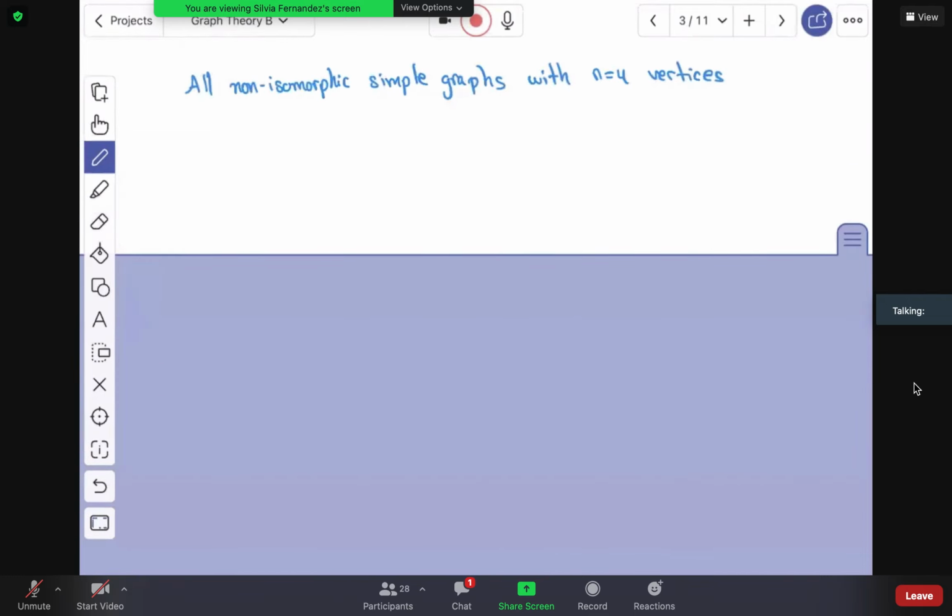I'll separate them by the number of edges, just to have an organized way of counting.